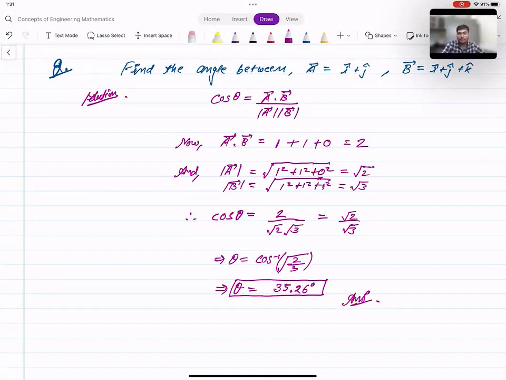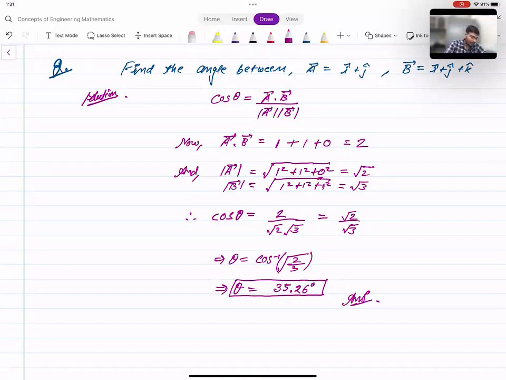This method of finding the angles also gives us an important result, which we had seen also: the dot product of any two perpendicular vectors will be 0, because the angle between them will be 90 degrees and cos 90 is 0.